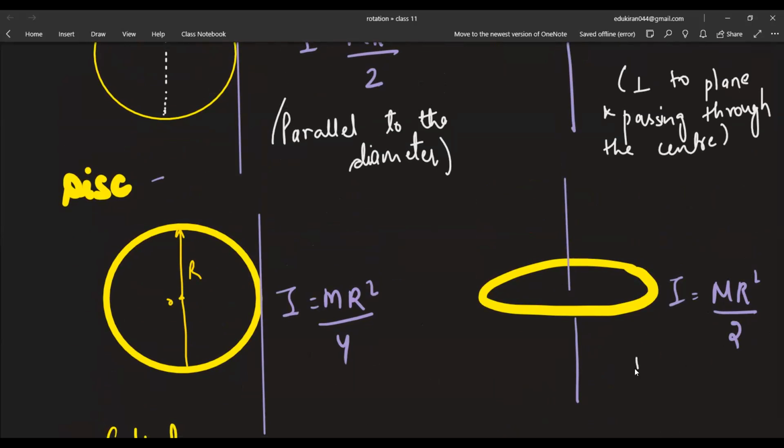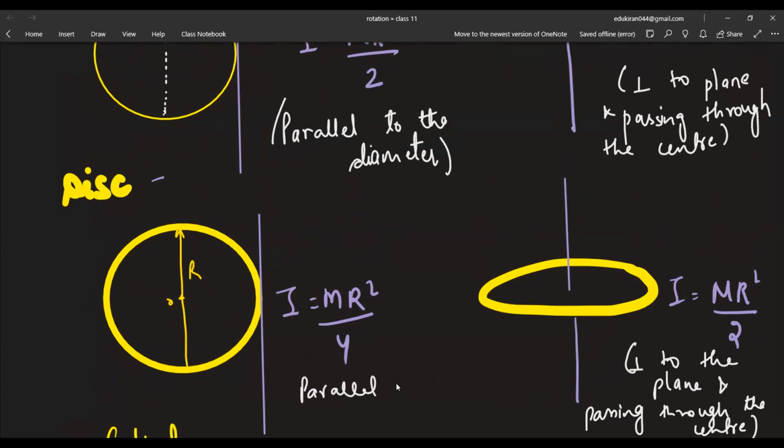Perpendicular to the plane and passing through the center, it is mr square by 2, and when it is parallel to the diameter, it is mr square by 4. So parallel to the diameter, for the ring it was mr square by 2. In this case, it is mr square by 4.